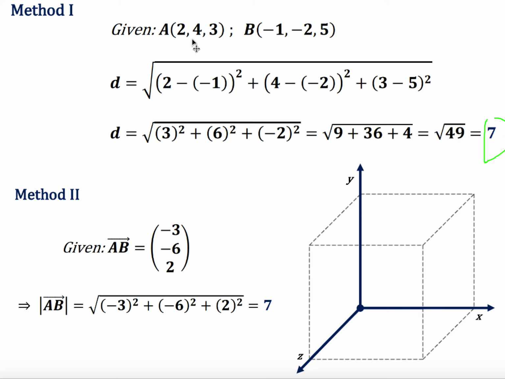Well, we already just saw in the previous panel that we can construct vector AB by working AO plus OB. Here's vector AB, we saw it previously, and as it turns out, the length of a vector is no more than just the square root of the squared components of each of these 3 x, y, z components, and you get the same value of 7.